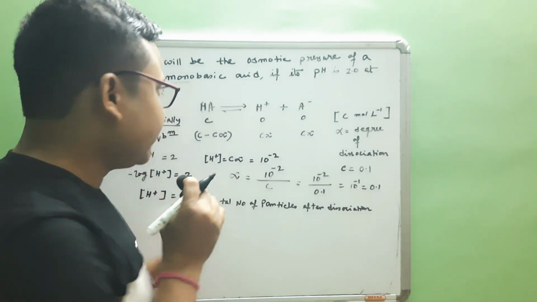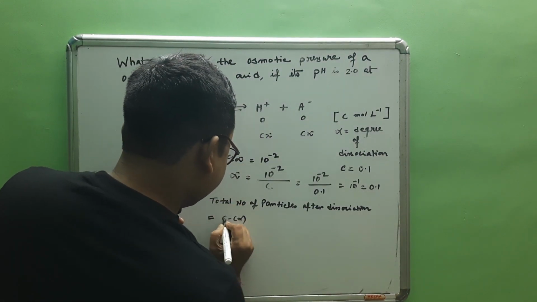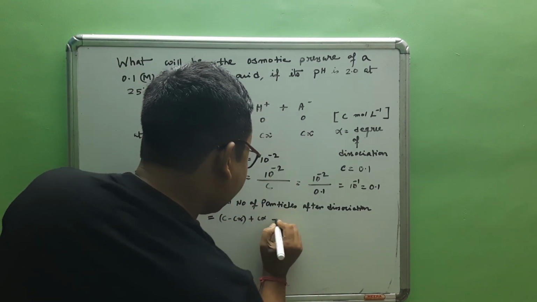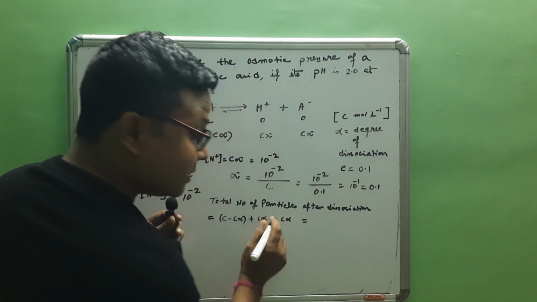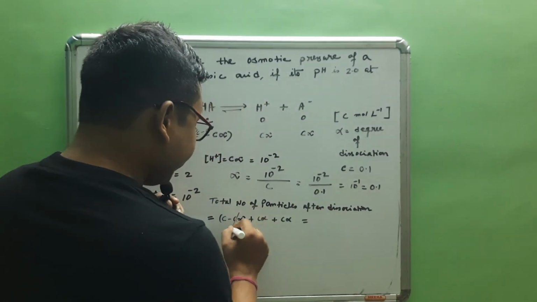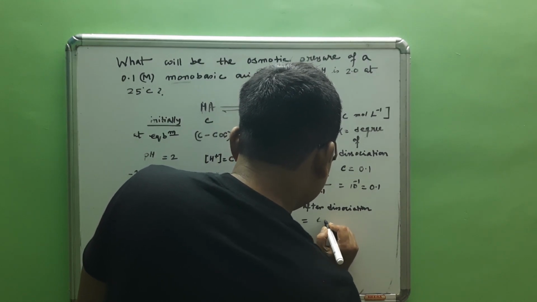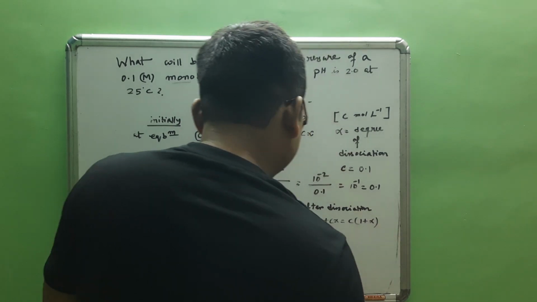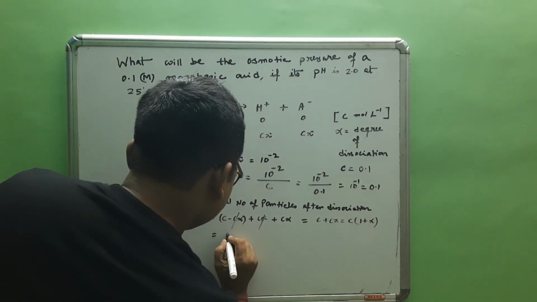So at equilibrium, we have C minus C alpha of HA, and H plus and A minus are also there. These are the number of particles at equilibrium in terms of moles. So C alpha cancels out, and what remains is C plus C alpha, that is C into 1 plus alpha.